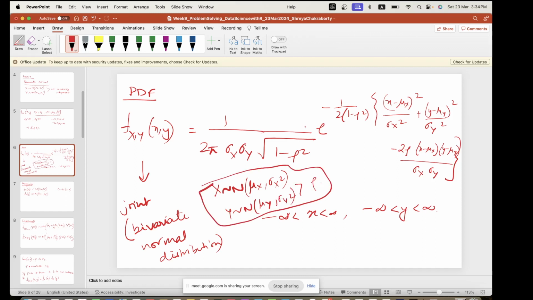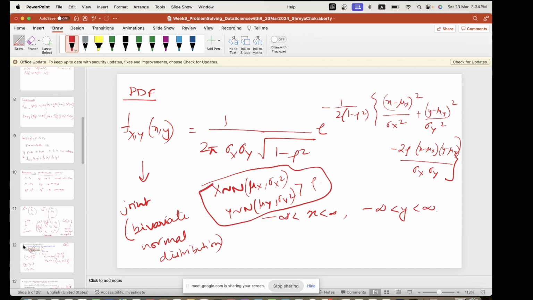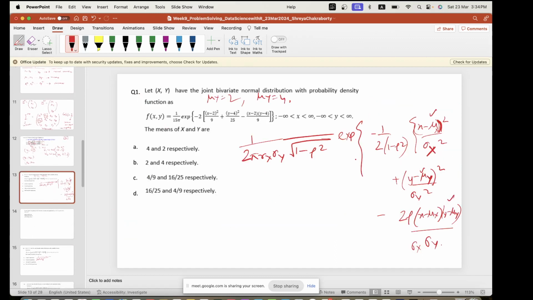Alright, so here we have to match the parameters with this form of the distribution. As I was saying in question number 1, here you see all mu x's and mu y appear in the numerator, and that too within the exponential.